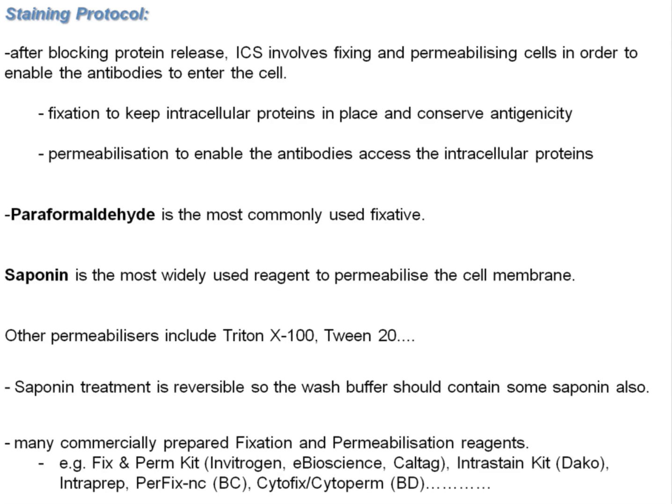An example of a permeabilizing buffer would be saponin. Others would be Triton X, Tween 20. Some people prefer to make up their own in-house, but there are many commercially available reagents from a host of different companies, so these are readily optimized. So if you can afford it, I would suggest that the commercially available kits are the way to go.